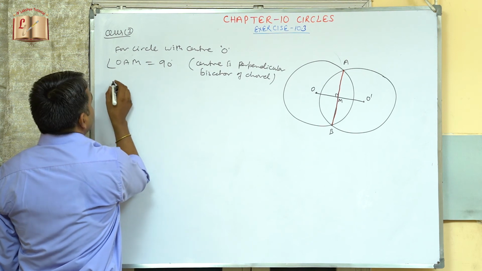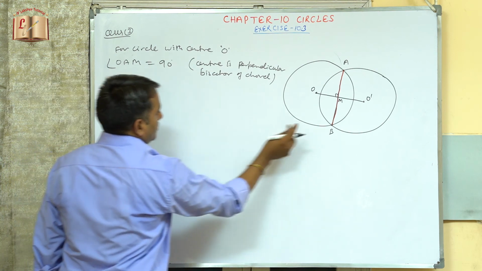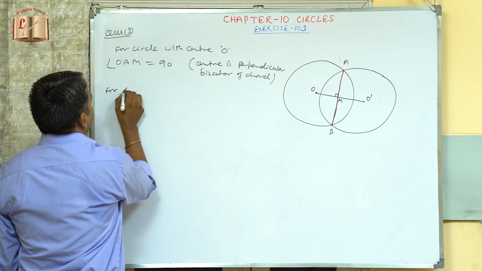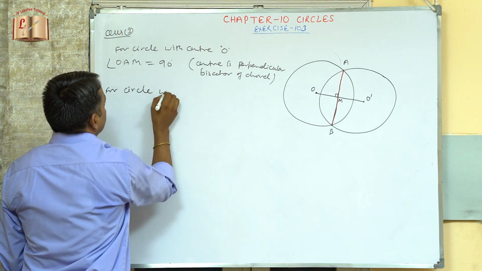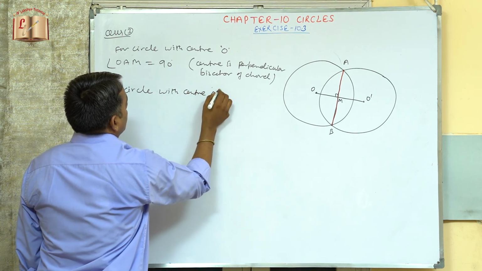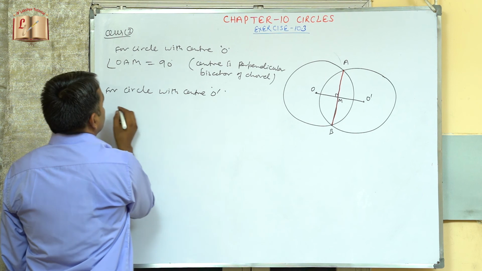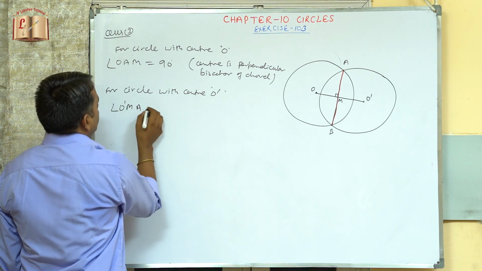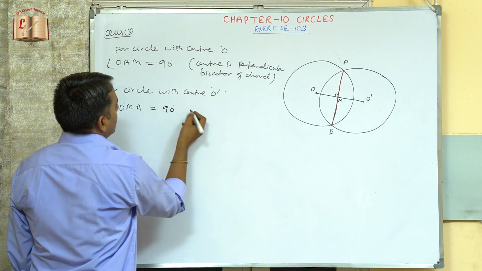And similarly for the circle with center O dash, angle O dash MA will be equal to 90 degrees.